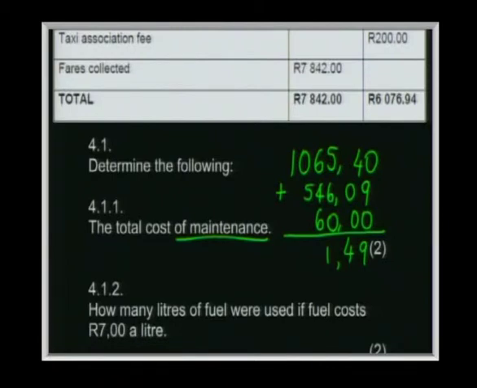Let's maybe use our brains this time. So our answer should be 1,671 rand and 49 cents.